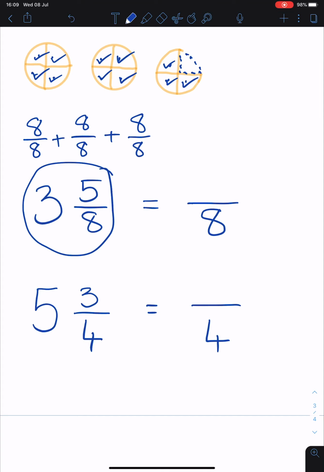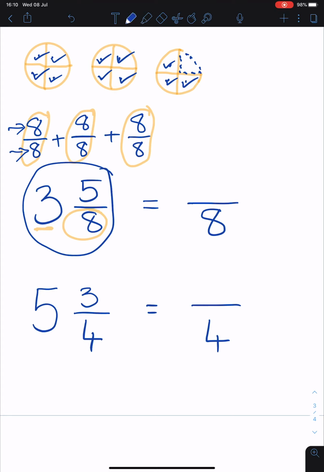I've chosen 8 because the denominator is 8, so I must keep the denominator the same. And you know that when the number on the top is the same as the number on the bottom, it is one whole. So 8 pieces out of 8 pieces is one whole pizza. So I have got 1 plus 1 plus 1, which is 3.